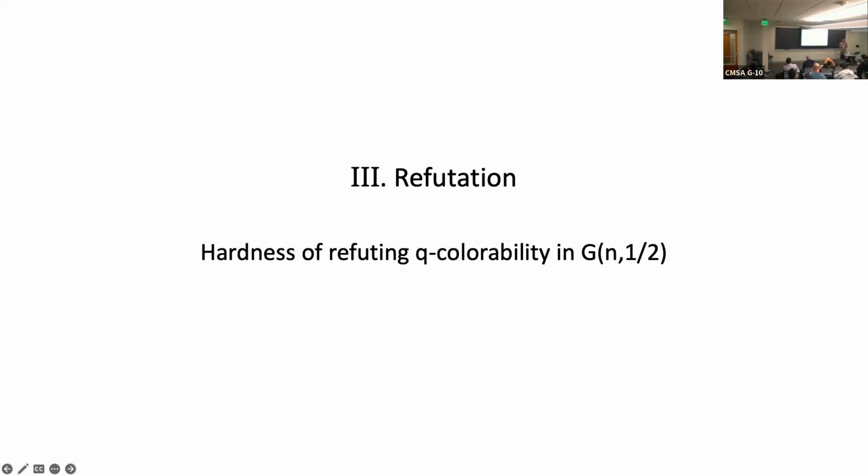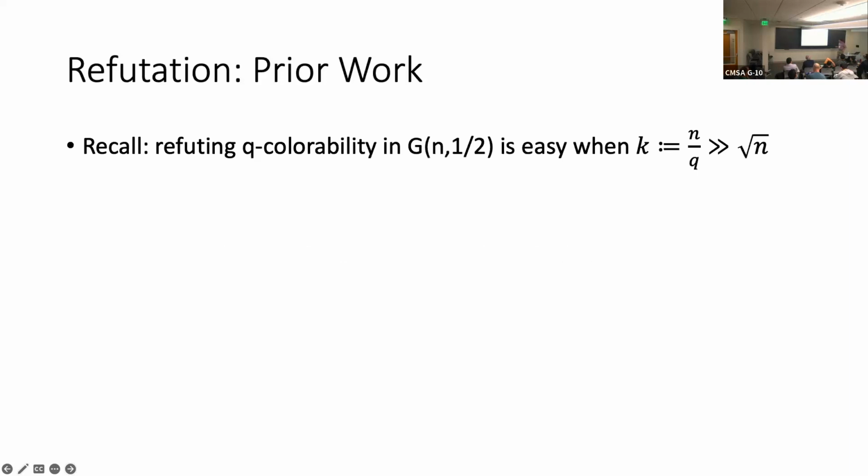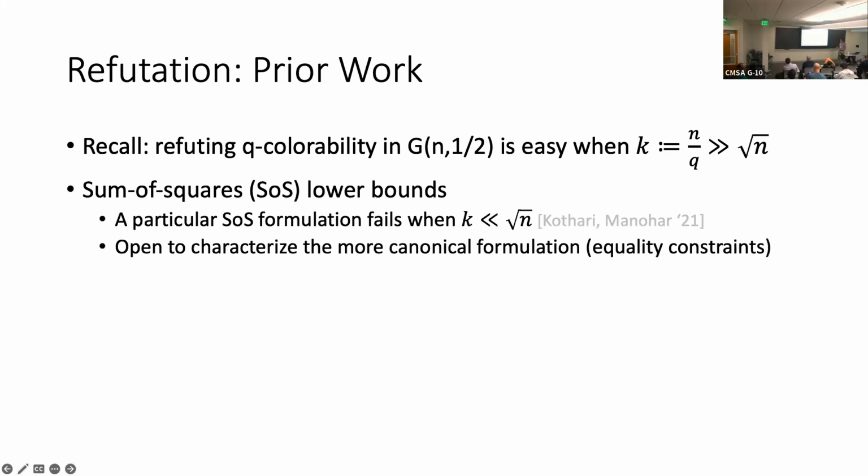So you have to try to prove to yourself, using maybe sum of squares or whatever spectral method, that it's not Q colorable. There's some prior work on this. First of all, we know it's easy when k is bigger than root n by the spectral method I mentioned before.